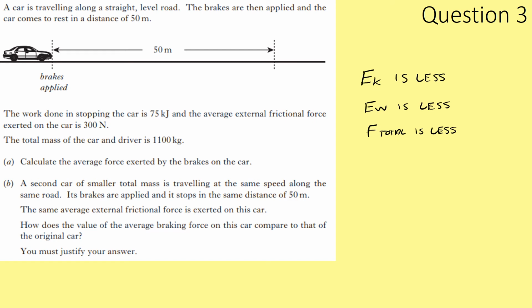And also assuming that the same frictional force is acting on the car, that is 300 newtons, that means the force required from the brakes is also less. Your justification there is by having the relationship between EK and EW.